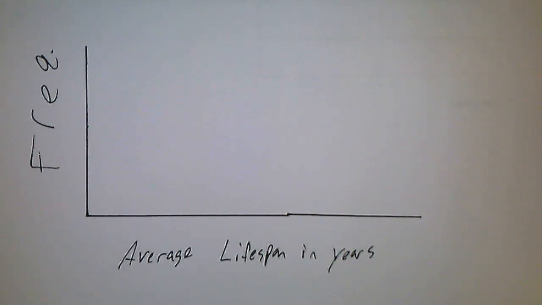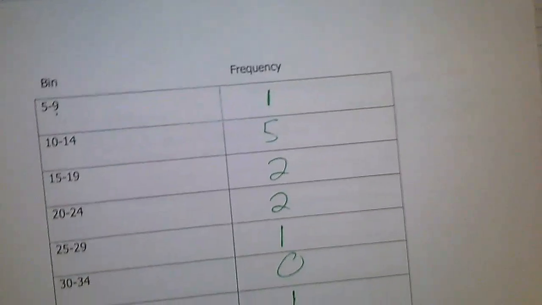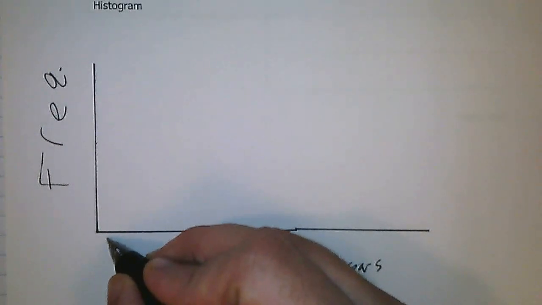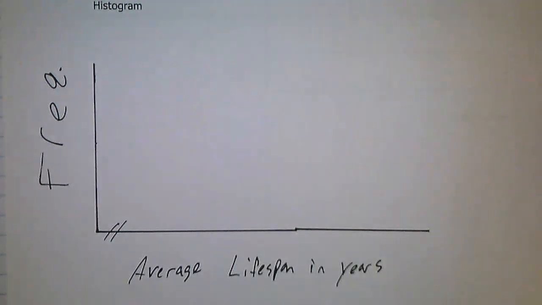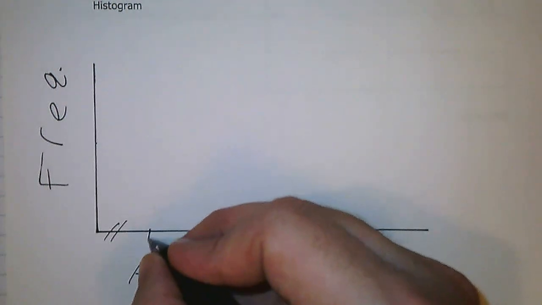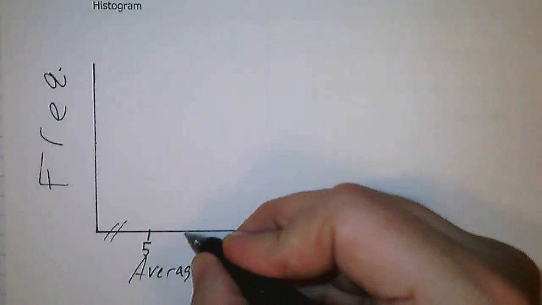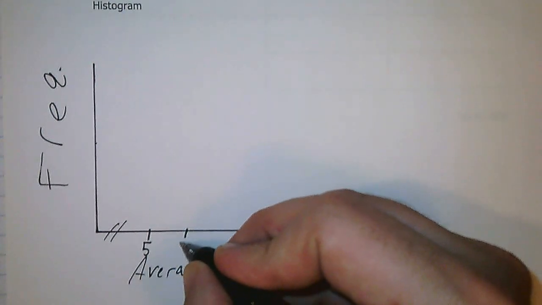So, let's talk about the bins and how they touch. So I'm going to start with 5 to 9 and then 10 to 14. So we don't need to start at 0. I'm going to start at 5. And then watch what happens. We go in increments of 5.